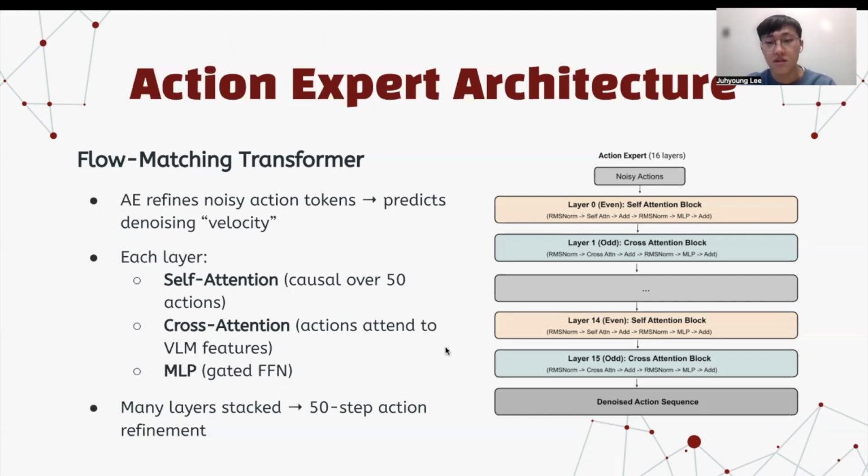Architecturally, the action expert has 16 total layers, and each layer consists of a layer norm, one of two attention mechanisms, residual, layer norm, and then an MLP. Additionally, it uses an interleaving mechanism between self and cross attention, whose purpose will be discussed in the next few slides.